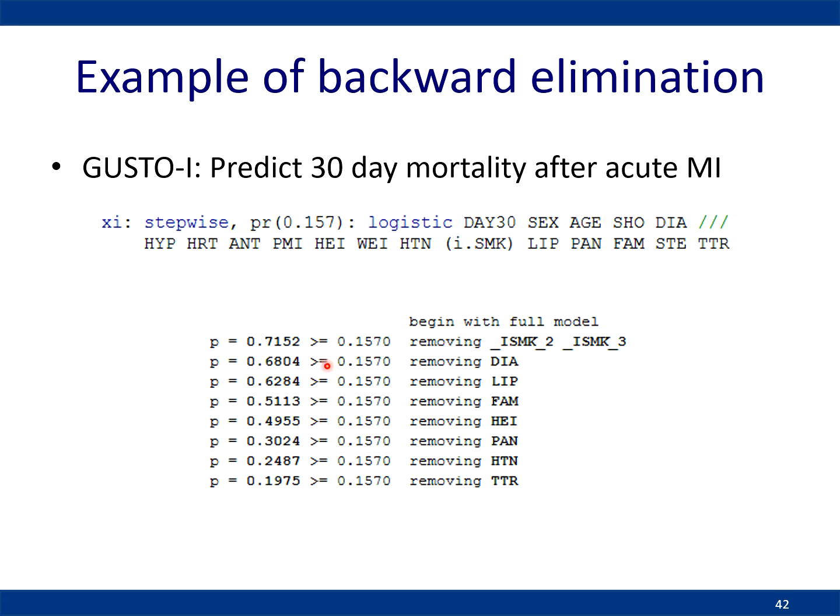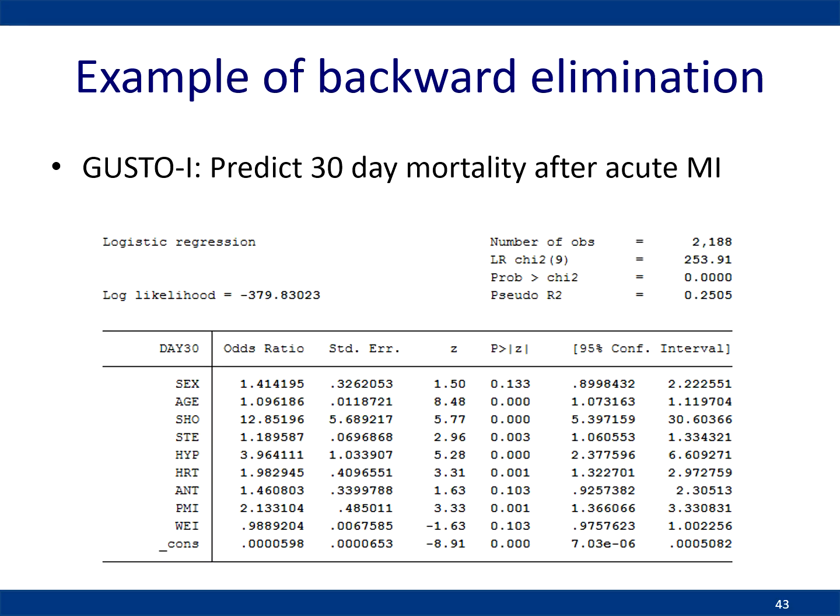In the next step, diabetes was the least significant variable with a p-value of 0.68 and therefore was removed next. And it continues in this way until all the other variables that remain have a p-value less than 0.157.